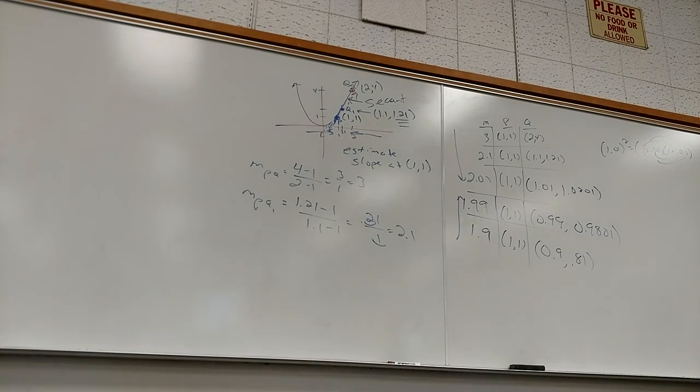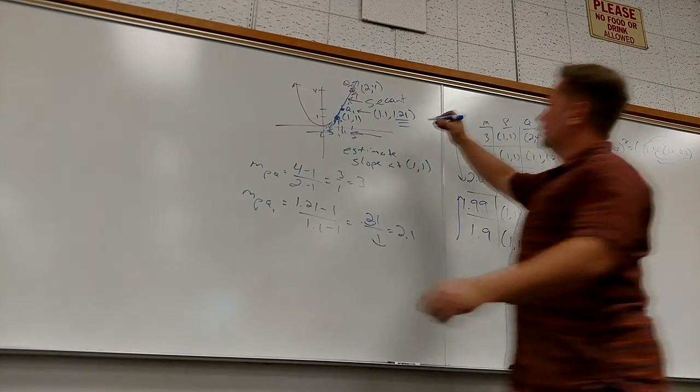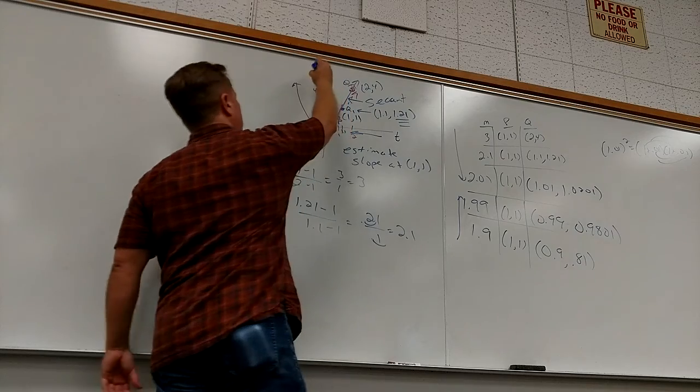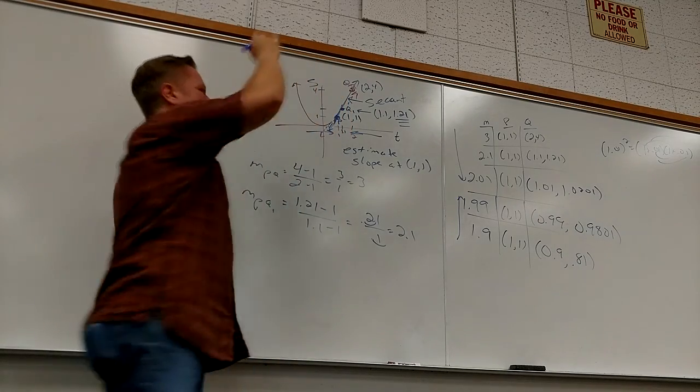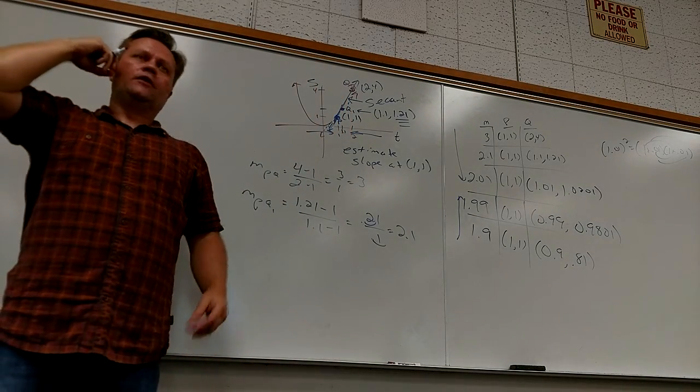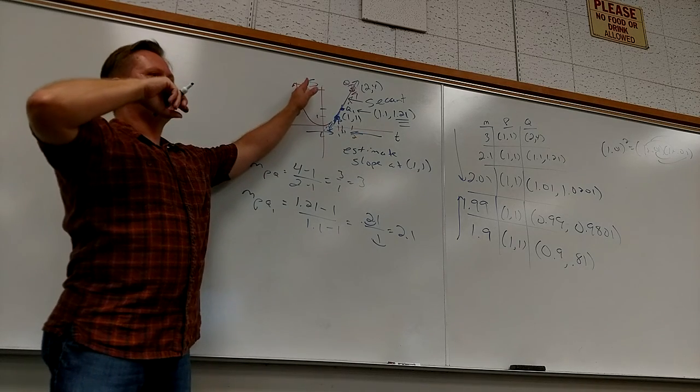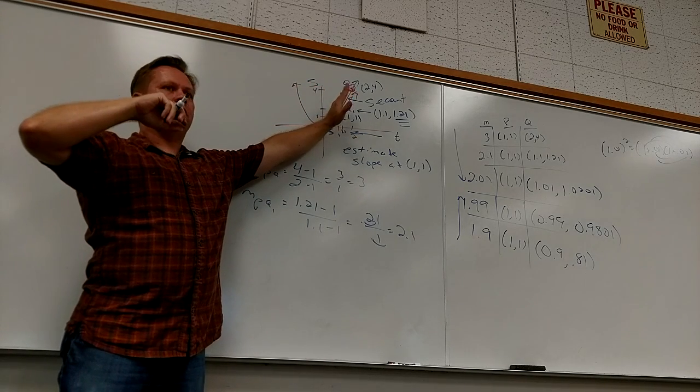Okay. So section 2.1, they call it the tangent and velocity problems. If this was time versus position, they use the letter S for position. If this was time versus position, what would the slope represent?